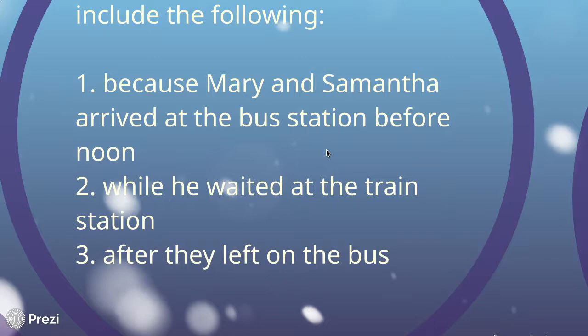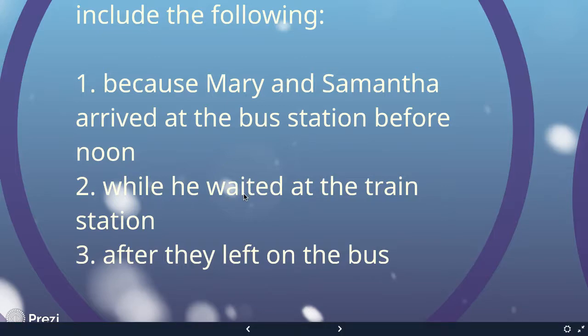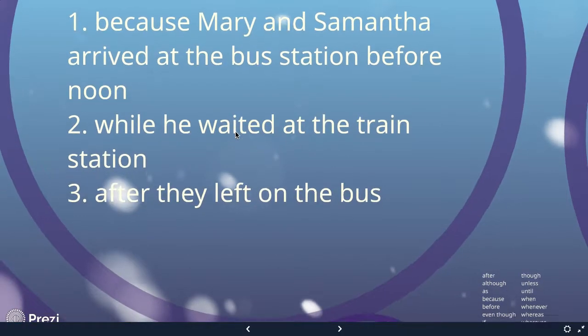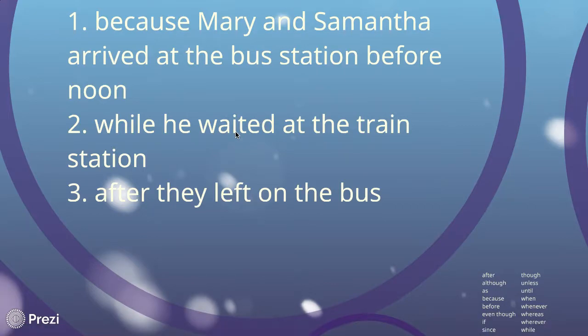They left on the bus. If you had simply those words, you would have a complete sentence. But you have these conjunctions here: because Mary and Samantha arrived at the bus station before noon, or while he waited at the train station, after they left on the bus. It still requires another part for it to be a complete sentence.